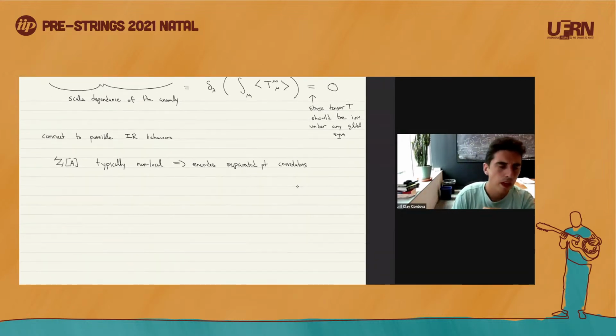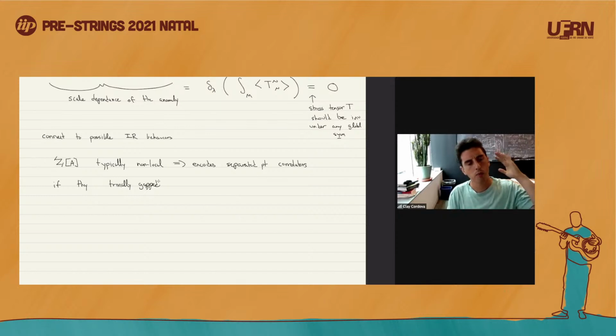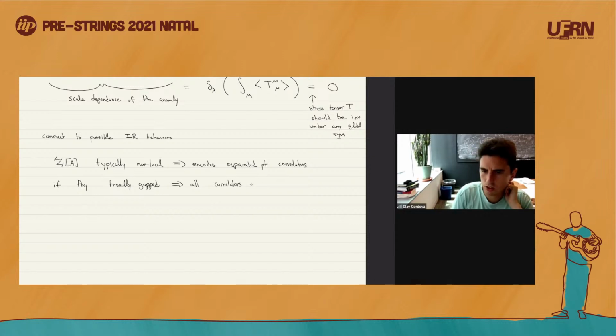Now, if a theory is trivially gapped, what happens? Remember, that was the simplest possible behavior that we could ask about in the infrared. It meant there was a unique vacuum and everything else was massive, and there were no even topological correlation functions. Now, if a theory is trivially gapped, it means that all correlators are reduced to contact terms.